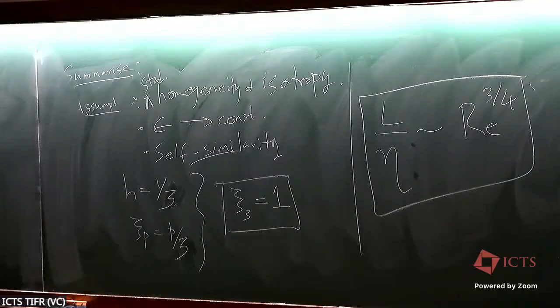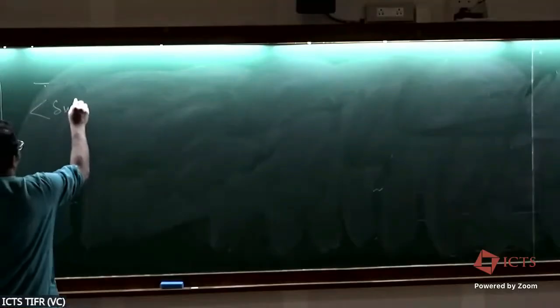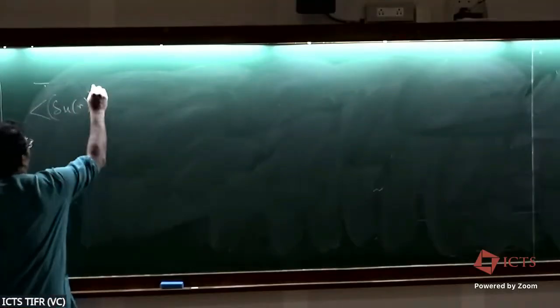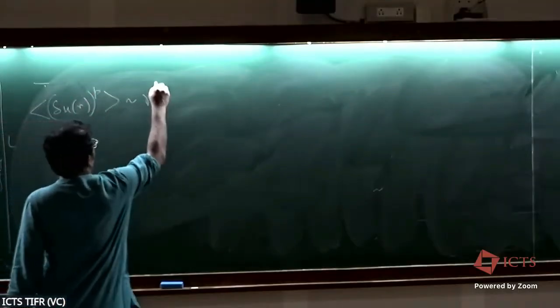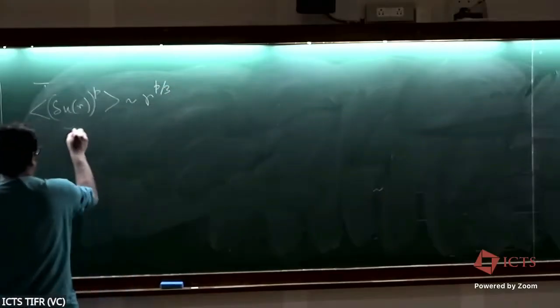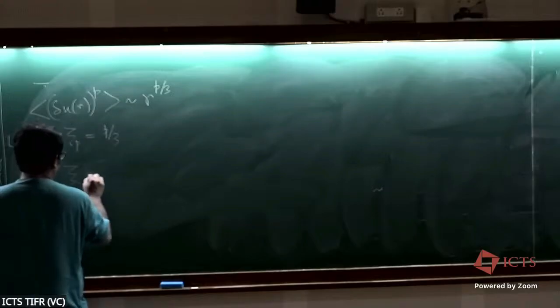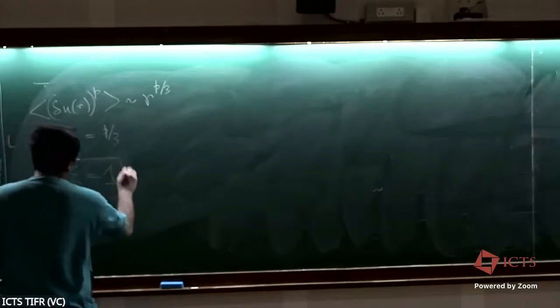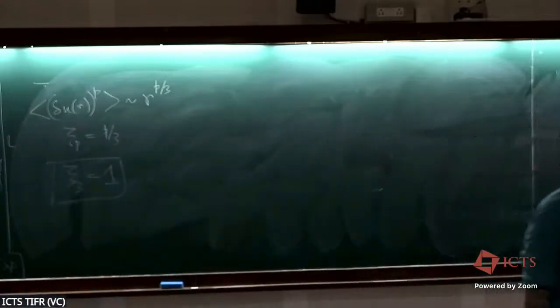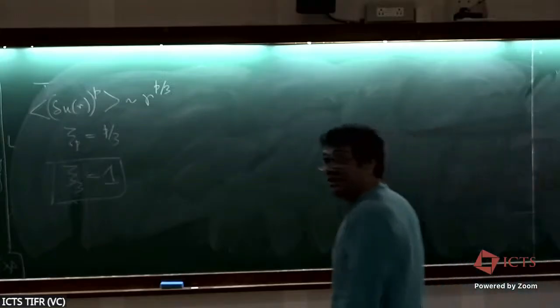So we ended by saying delta u of r to the power p scales as r to the power p/3, which means zeta p is equal to p/3, zeta 3 is equal to 1. So people actually went ahead and did experiments. I had just told you what experiments told us about the second order structure function, that zeta 2 is 2/3. But then people said, well, might as well measure all the values of p and see whether things fit in a straight line.